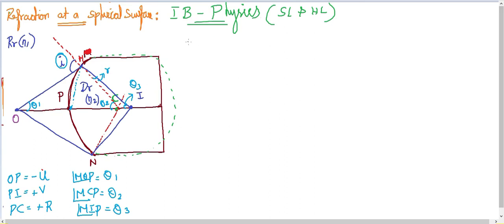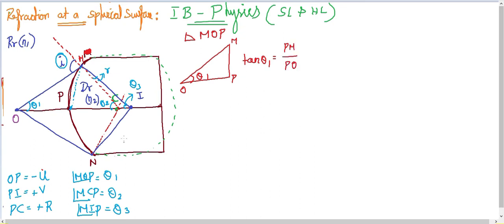First I am going to take the right angle triangle MOP. Just compare with the original diagram. This is M, P, O, and this is theta 1. For this, I am going to find tan theta 1, opposite PM divided by adjacent PO.